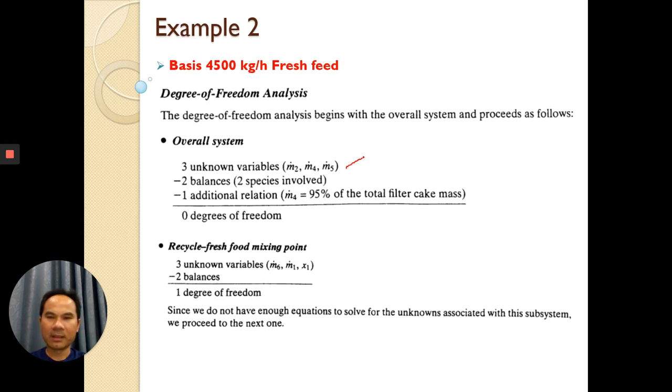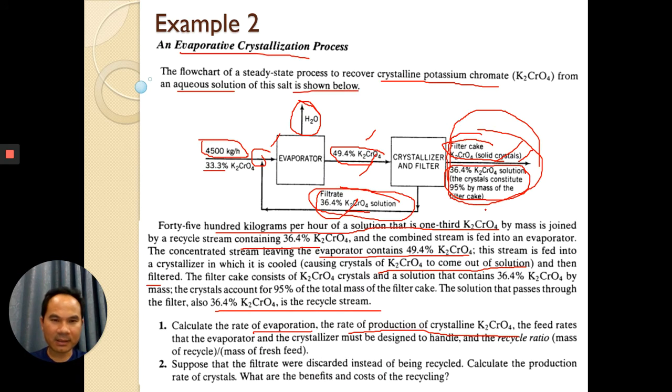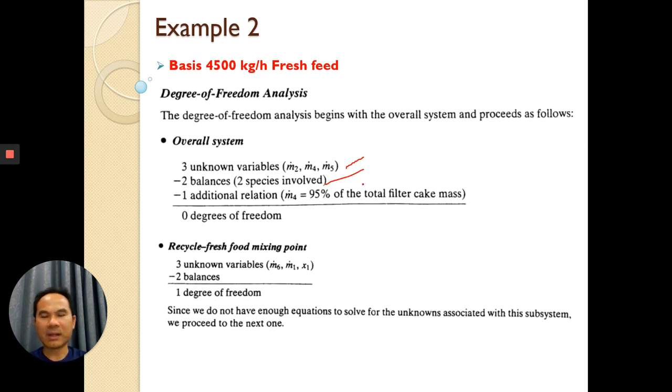And we have 1 relation because we know M4 is 95% of M5. The 95% mass of the filter cake is the crystal. So M4 equals 95% of M5. This reduces the unknowns. The degree of freedom is 0, so you can solve it.